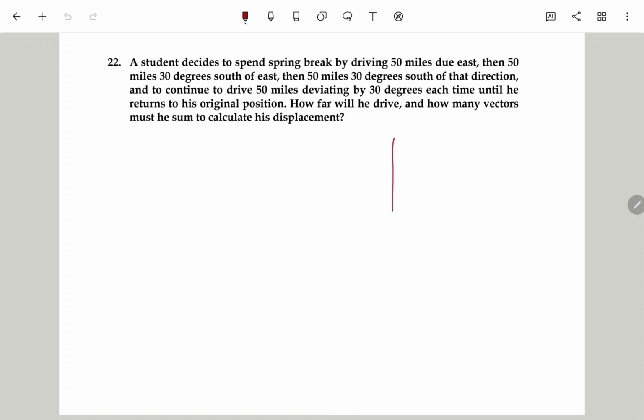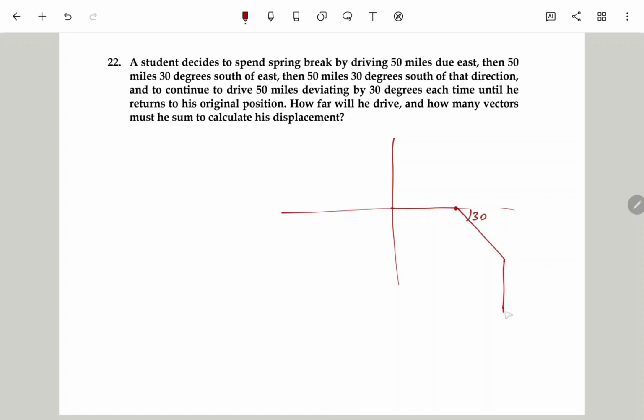If you have a quick sketch here, he drives 50 miles due east, then 50 miles 30 degrees south of east, so I just turn a little bit, this is 30 degrees, another 50 miles, then another 50 miles 30 degrees south of that direction, so it's something like this, and continue to drive 50 miles deviating by 30 degrees each time until he returns to the original position.